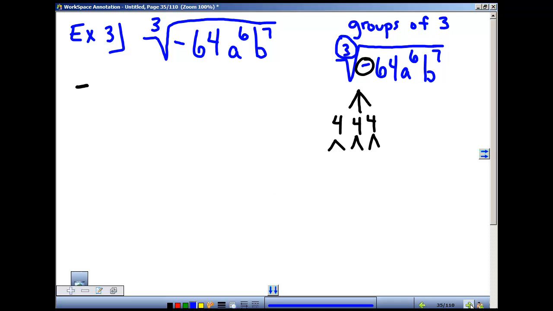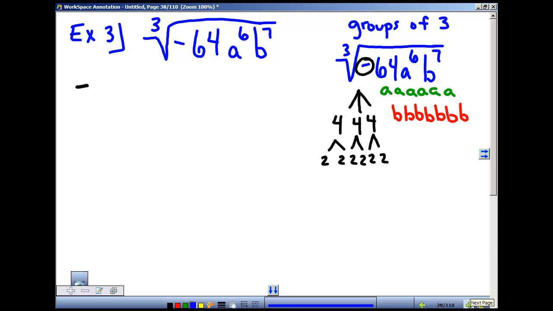At this point, I really could actually take out the 4's because I have 3 of those, but I will keep going just in case I don't recognize that piece of information. And now I have all my 4's simplified to their prime factors, which are 2, 2, 2, 2, 2 and 2. And write down 6 A's and 7 B's.